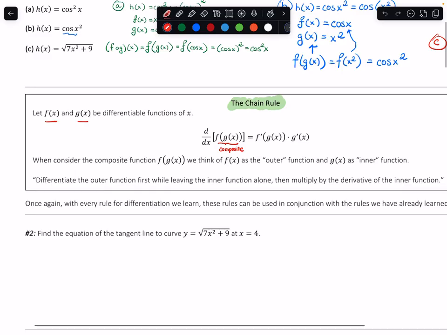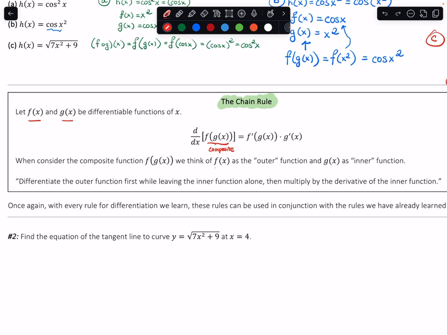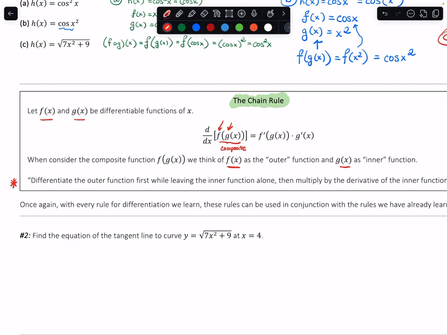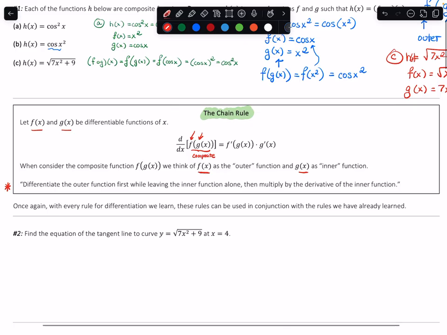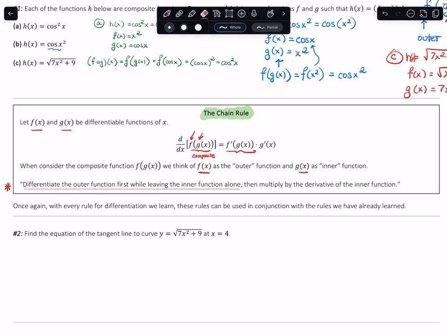So I do have an internal monologue with myself when I think about how I am using the chain rule as I'm working some computation. I'm thinking of f as the outer function, it's outside, and g as the inner function, it's inside. So what's happening first? I differentiate the outer function first while leaving the inner function alone.